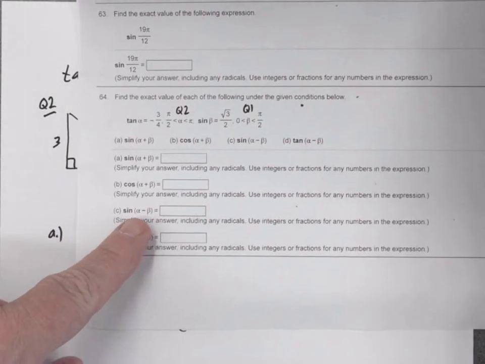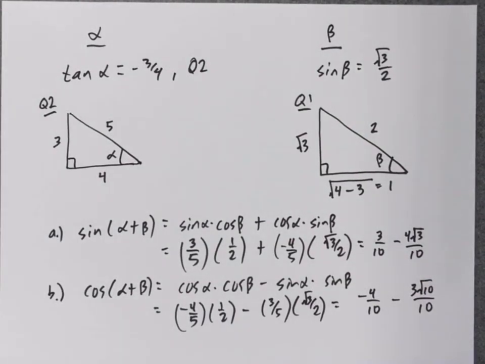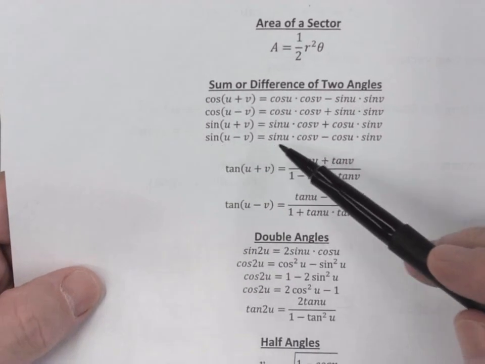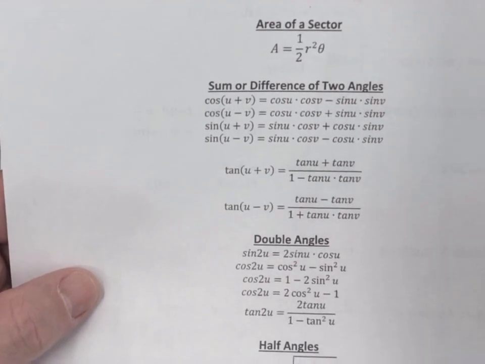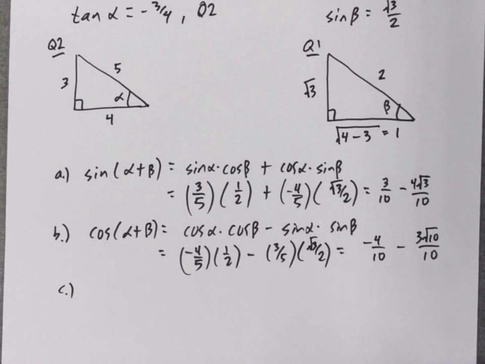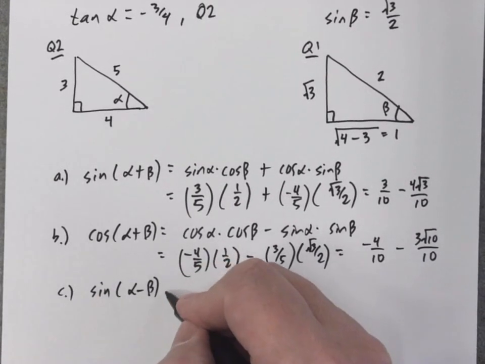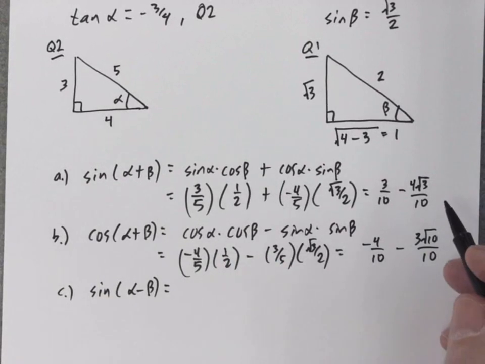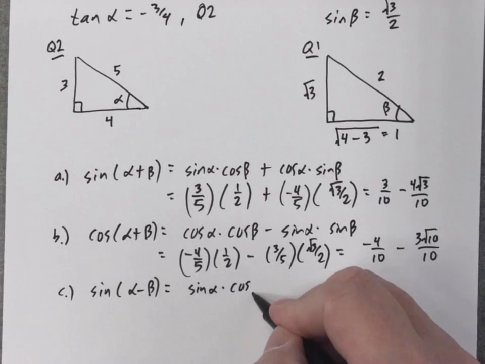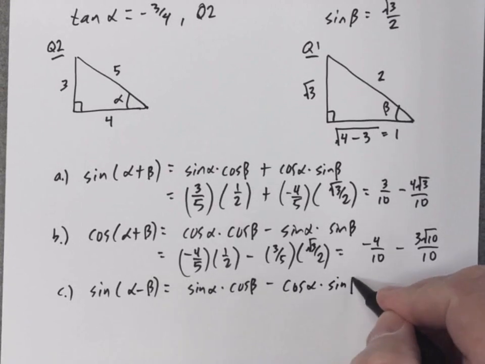Third one, sine alpha minus beta. From the formula sheet, alpha minus beta: sine cosine minus cosine sine. So sine alpha times cosine of beta minus cosine alpha times sine beta.